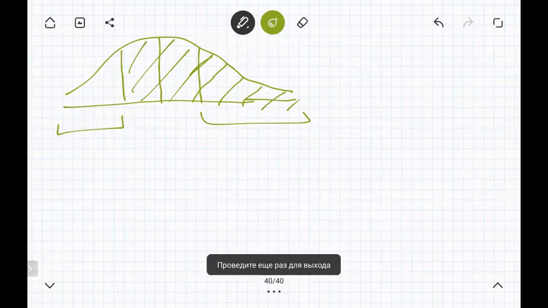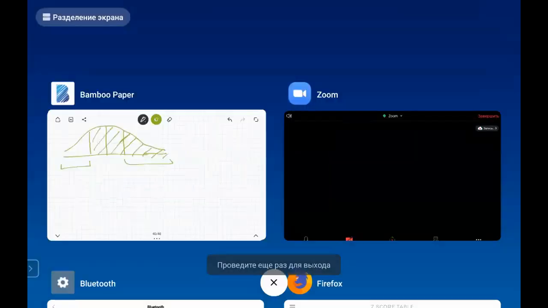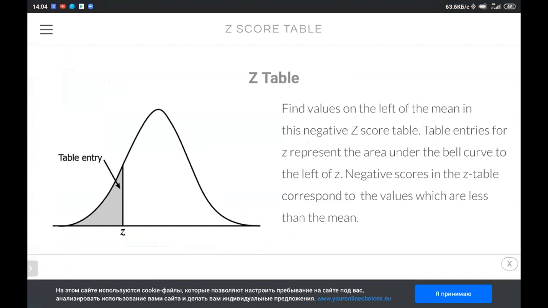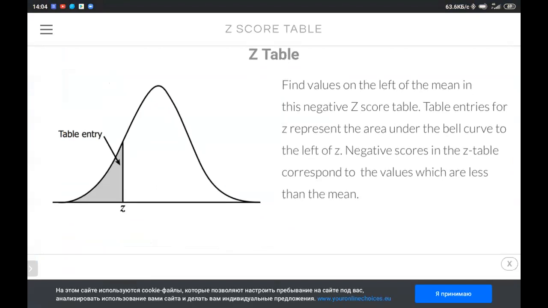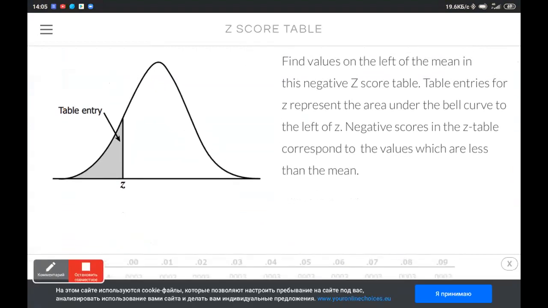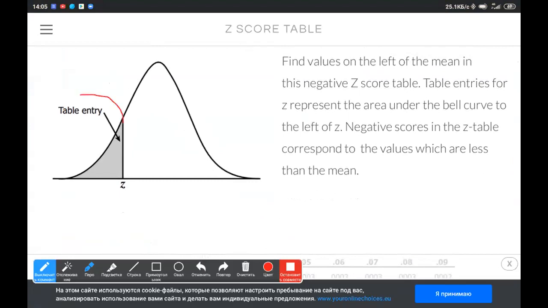So to define it, we will look at the Z table. Here it is. The entries in the table are showing exactly this area, our rejection area.